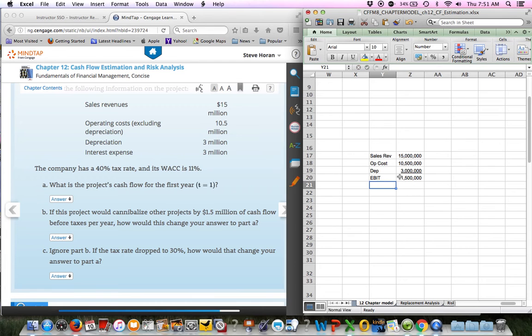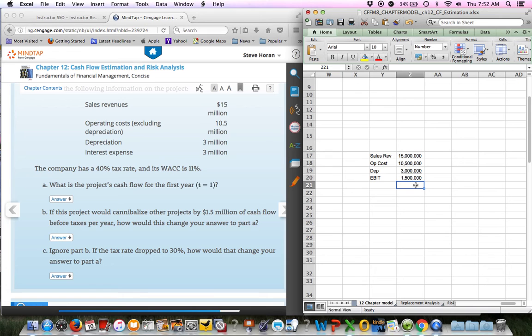Now, it's a little confusing because we haven't used interest yet. The reason is that the chapter mentions that when it comes to computing cash flows, we never take into account interest. The reason is the 11% WACC in this problem takes that into account already. If I included the $3 million expense in my cash flow calculation, I'd be double counting the effect of interest.